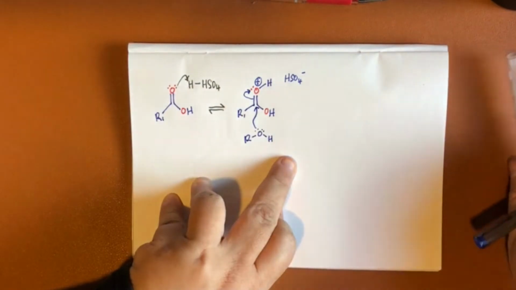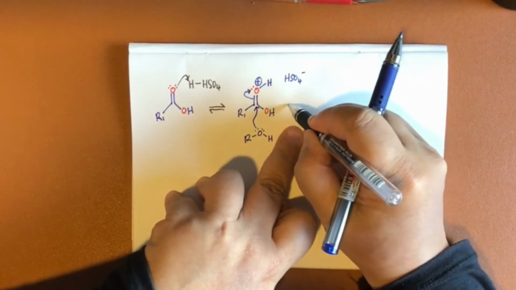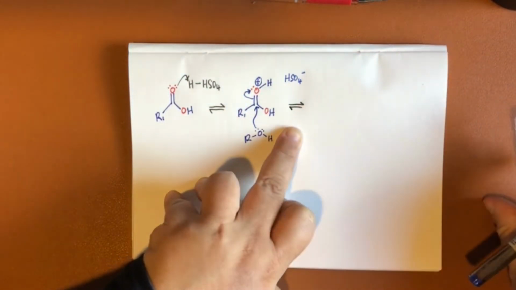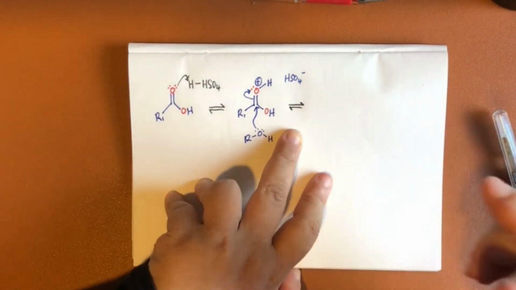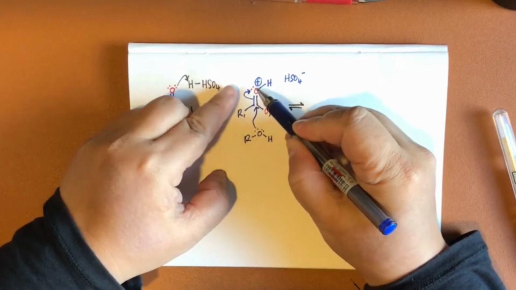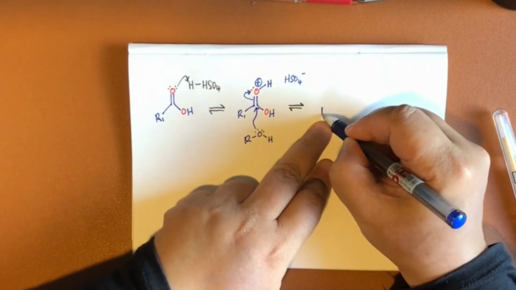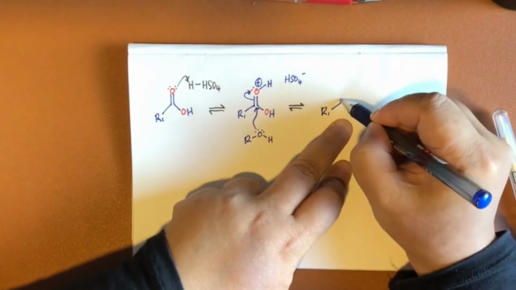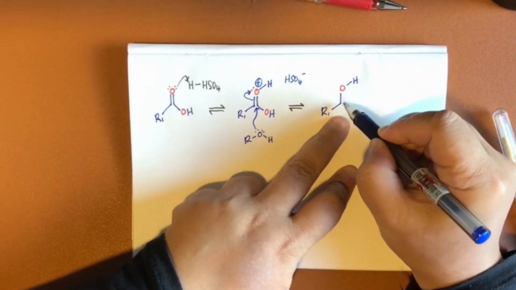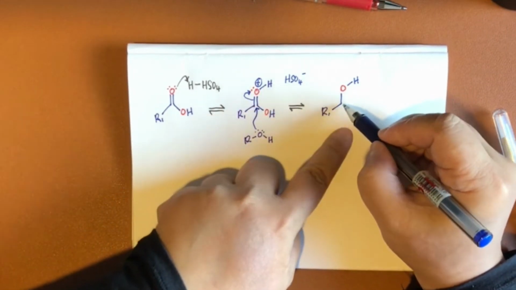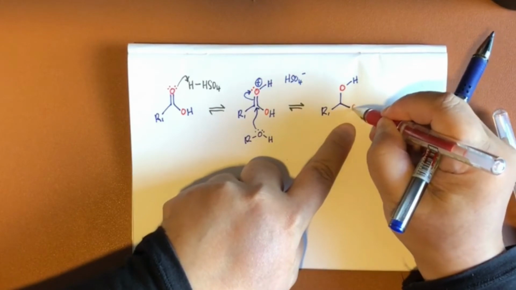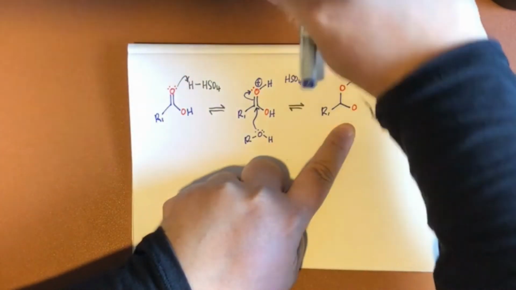And the next thing is, again, the equilibrium. Once it's attacked there, it will open up. So from a double bond to a single bond, and now we have the OH group.